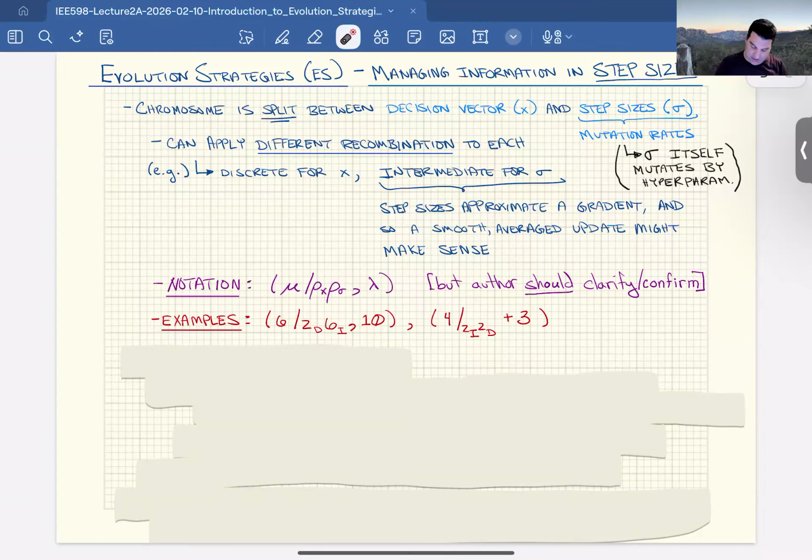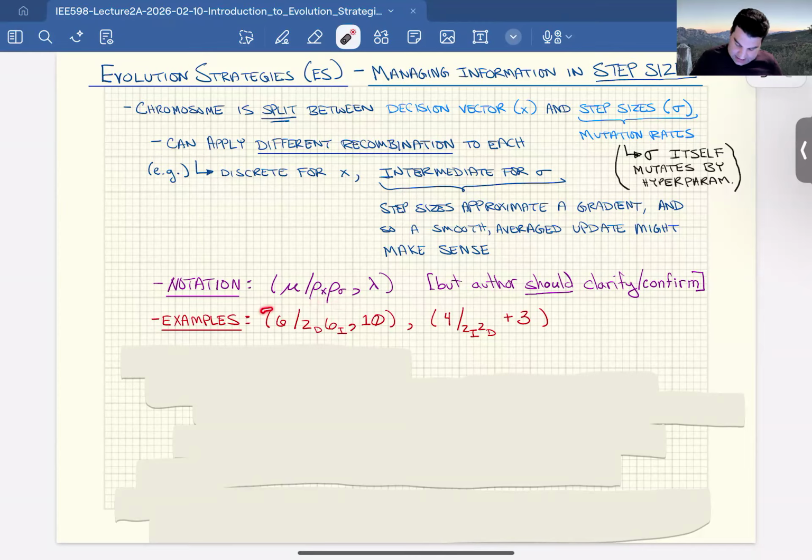So you might decide that you want to use the intermediate, averaging recombination for the step sizes, but the discrete recombination for the decision vector. You can do that by splitting up your recombination, and usually it's in this order, where the decision vector comes first and then the mutation rate part comes second.